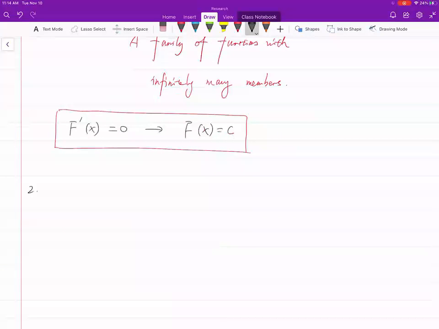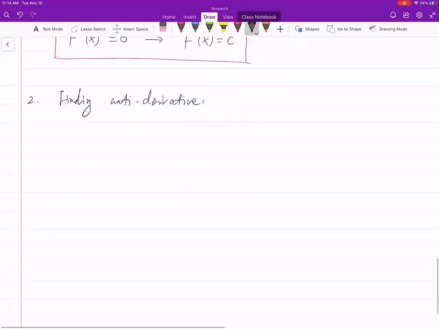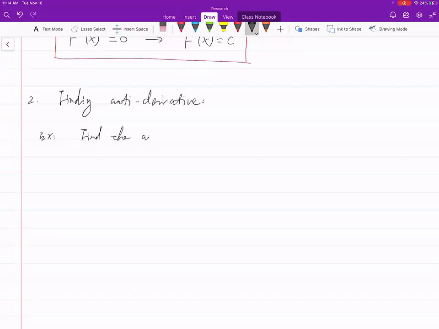That's the definition. Now, can we go ahead and try to find the antiderivatives? Let's take an example. Find the antiderivative of the following.